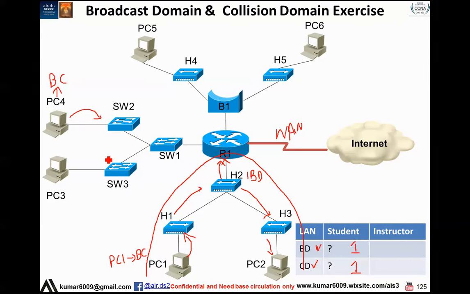No, madam. Broadcast. What you're saying is unicast. Unicast means PC4 to PC3, one to one. One to a group is multicast. What I am talking about is broadcast, one to all. At that time, what is the destination MAC address?